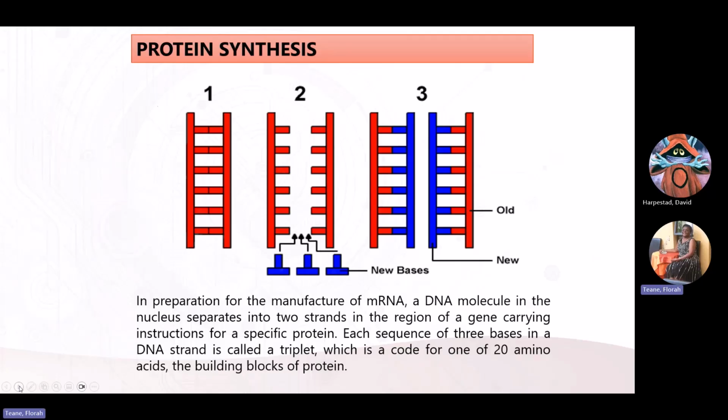The DNA molecule is the one that will determine which protein needs to be formed. It is the one that determines the type of a protein as well as when and how.